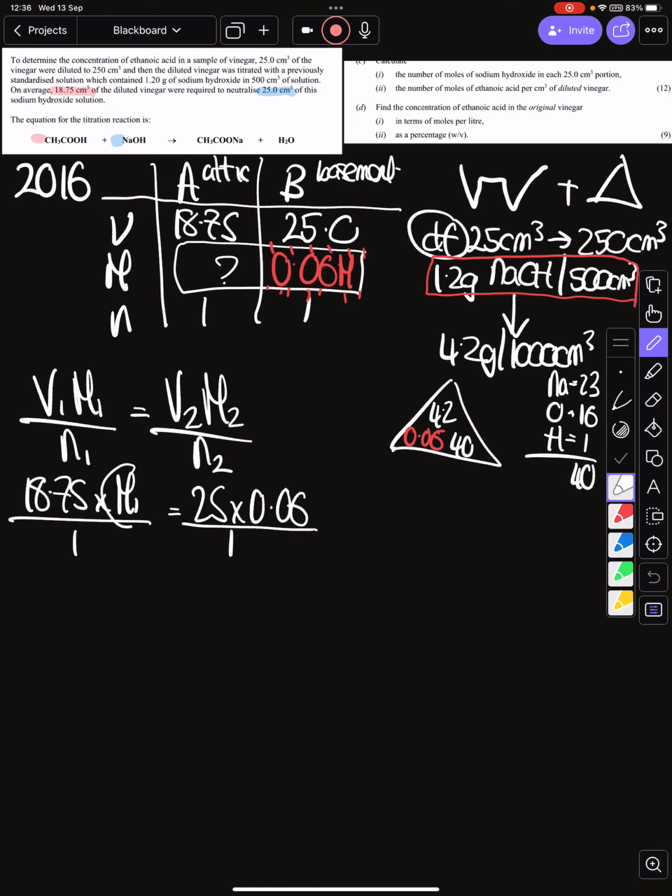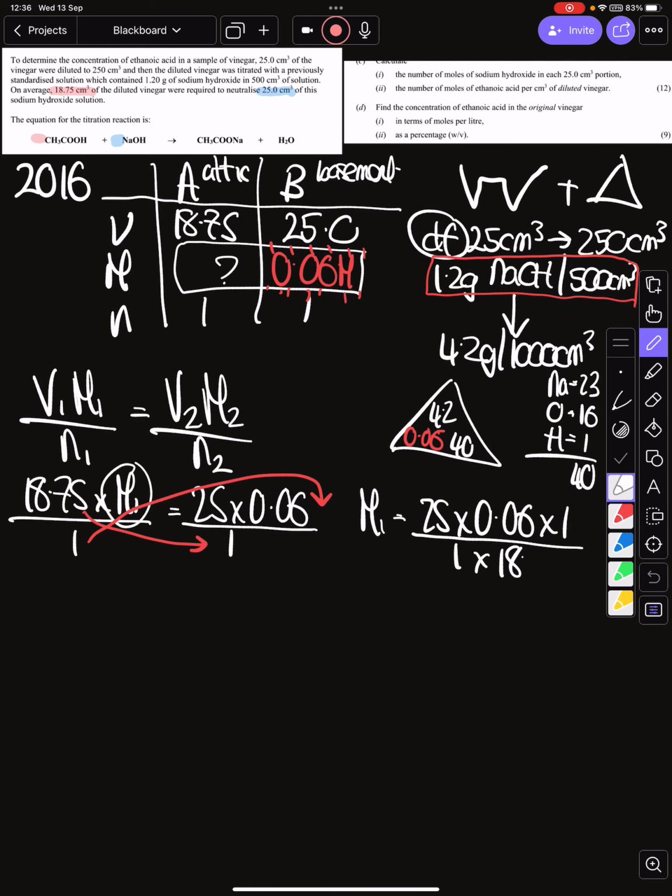And now we're going to solve for M1. To do that, this has to come onto the line and this has to come over the line. So M1 is going to be equal to 25 by 0.06 by 1 divided by 1 by 18.75. Now when we do that, we are getting 0.08 big M.